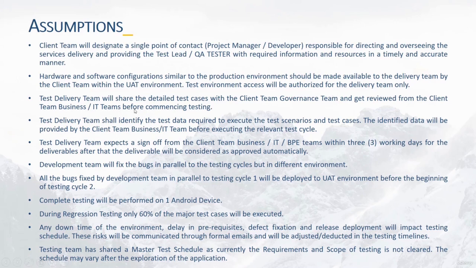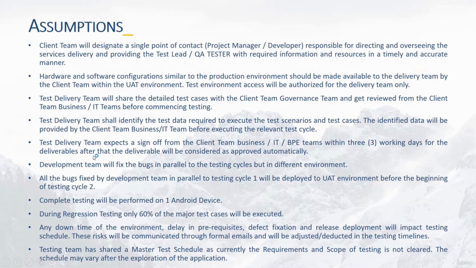Then the delivery team shall share the detailed test cases with the client team and governance team, with the primary objective to review the client business requirements and commence the testing. We need to specify all the possible assumptions, like delivery shall identify the test data.